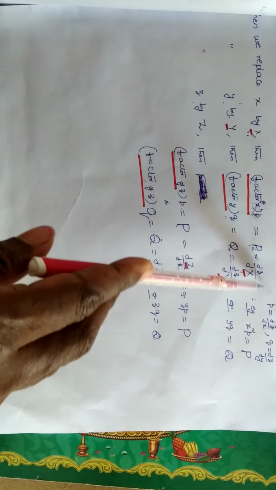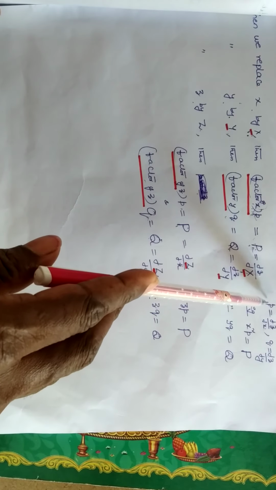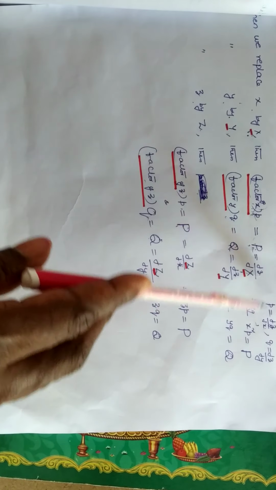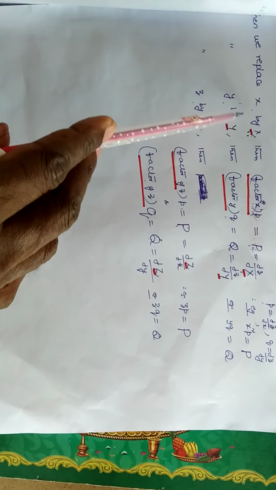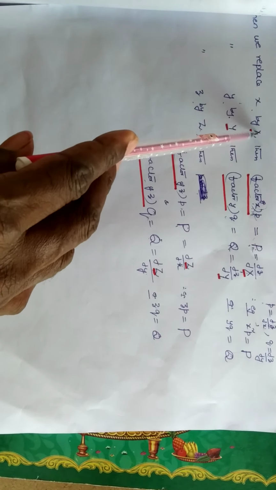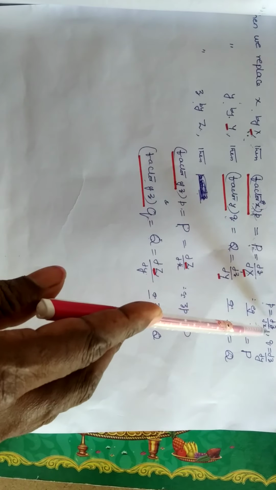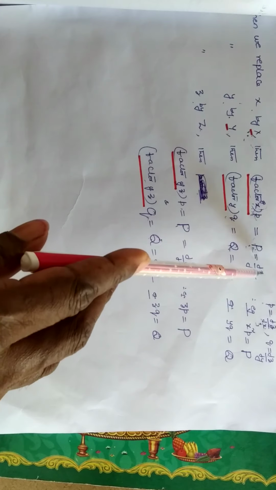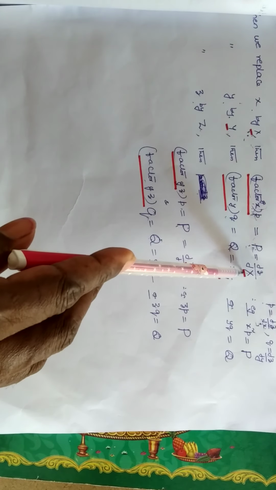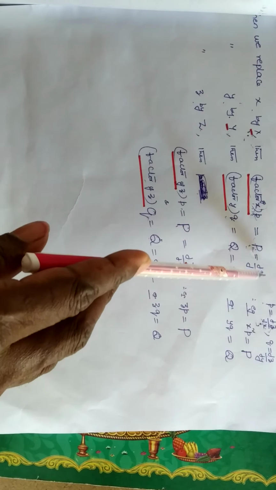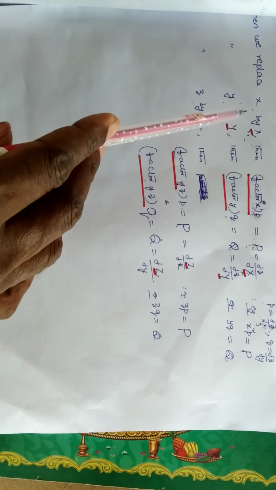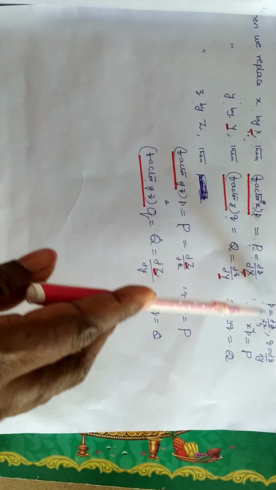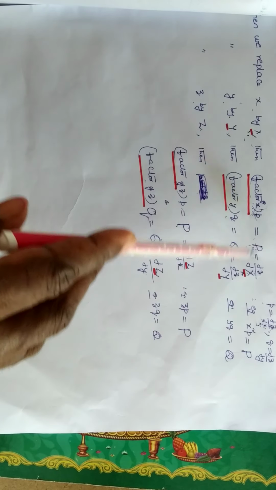Small p is nothing but dou small z by dou small x. While we replace small x by capital X, this change must take place at this point. That means in case of capital P, we take dou small z by dou capital X. Small z is taken as usual. Since small x is replaced with capital X, in this notation we also replace small x with capital X.